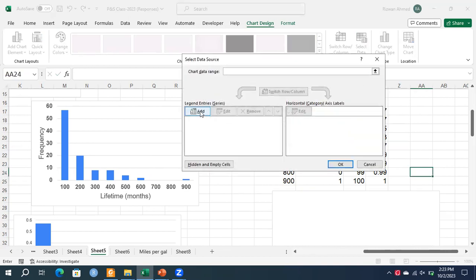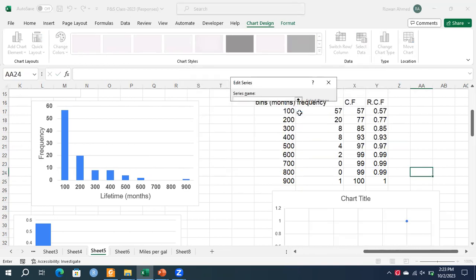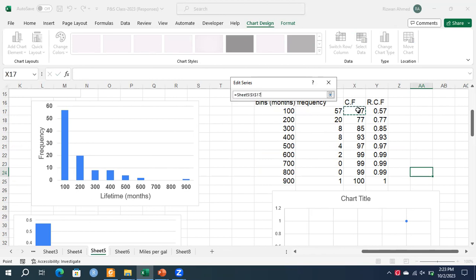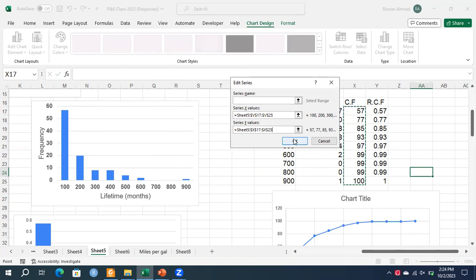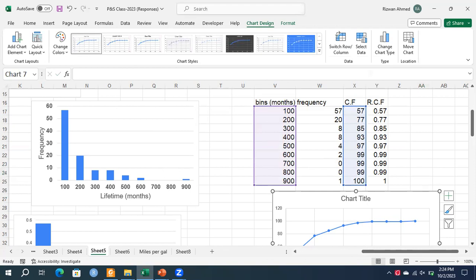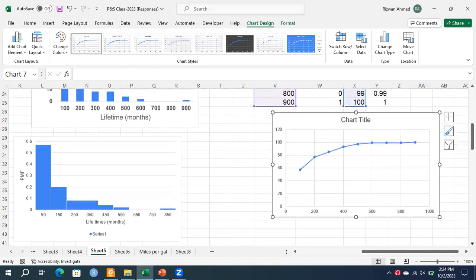Select data, X values, and Y values are the cumulative frequency values. So this is known as an ogive curve, smooth frequency curve. You are allowed to join the data points at the end of the interval. So it saturates at a value equal to the number of experiments.